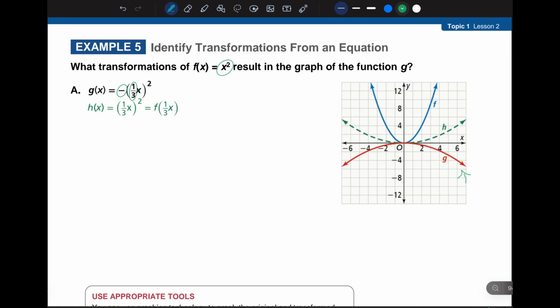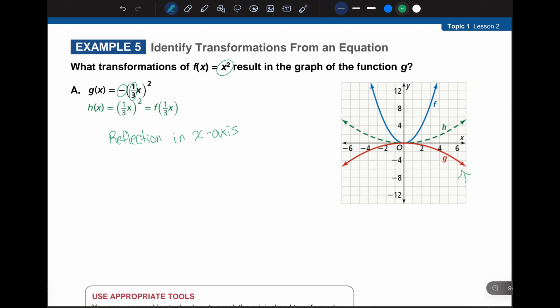Well, I know that if I take a negative and I multiply that on the outside of the parentheses, not in there with my x, that's going to be a reflection in the x-axis. That's because it's affecting my y, and that's a vertical motion when we go across the x-axis.